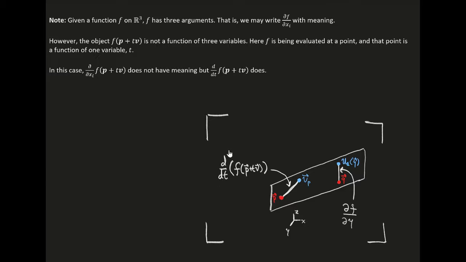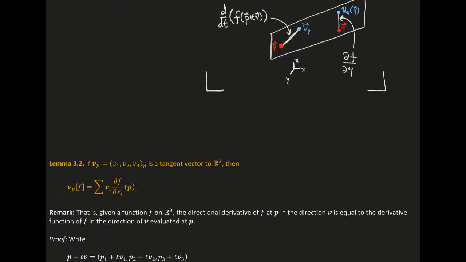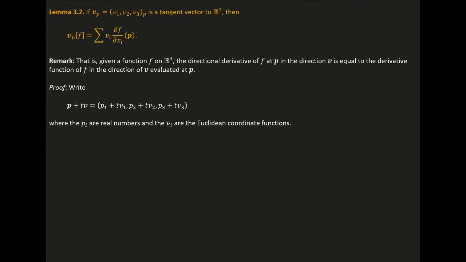So this is a classic Calc 1 derivative, but this entire quantity is what we're calling a directional derivative, or just the derivative of these multivariable functions in this new setting. Lemma 3.2.